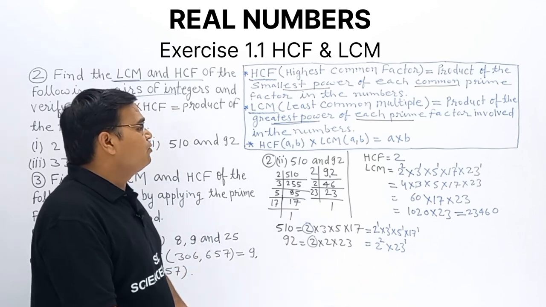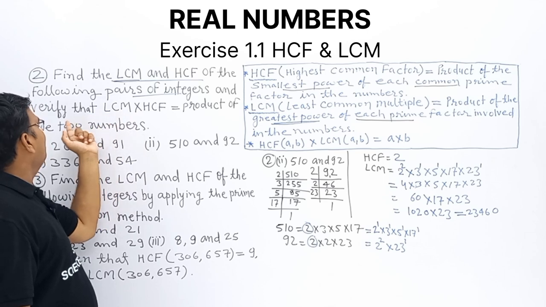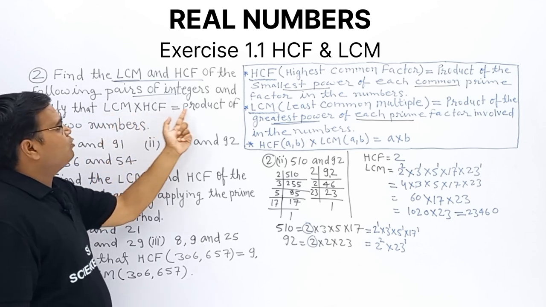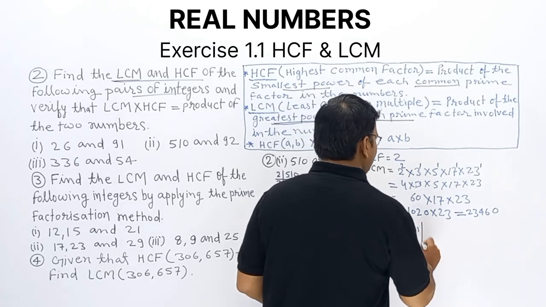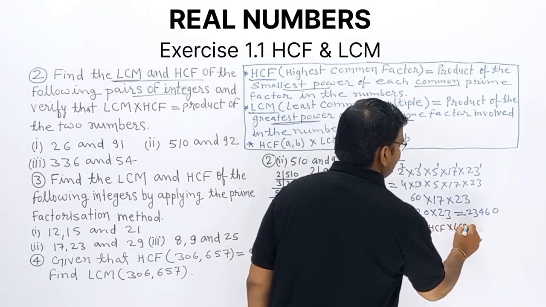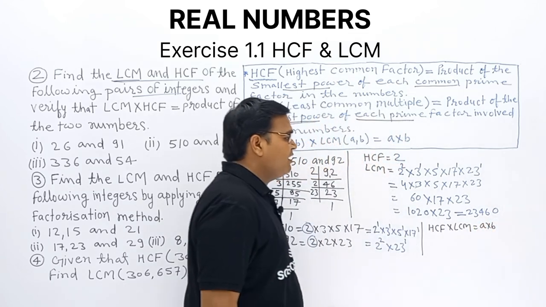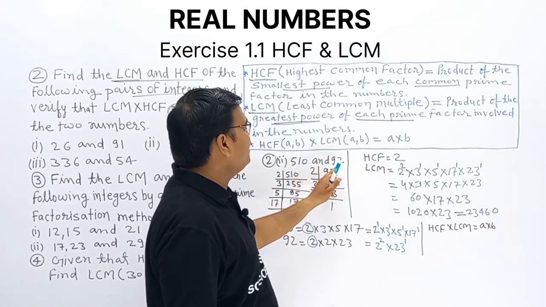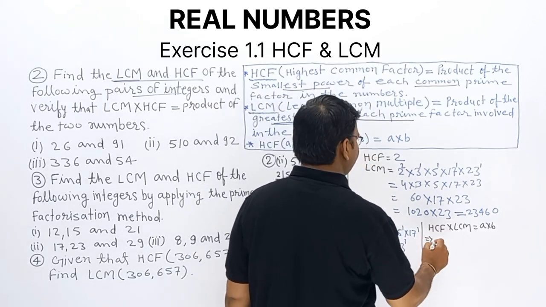Clear? Now we want to verify this question also. What is the verification? LCM into HCF equals the product of both numbers. Now I am going to verify. For verification, we know the formula: HCF into LCM should be equal to the product of both the numbers. If two numbers A and B, A is 510, B is 92, then the product will be what?